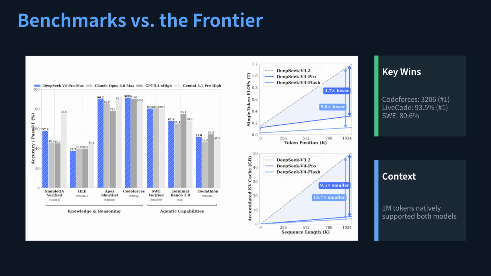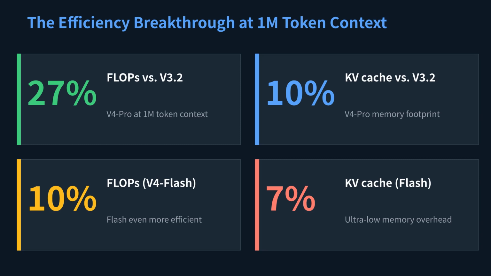More on those numbers in a moment. The series was pre-trained on over 32 trillion tokens. V4 Flash on 32 trillion, V4 Pro on 33 trillion, making these among the most thoroughly trained open-source models ever released.